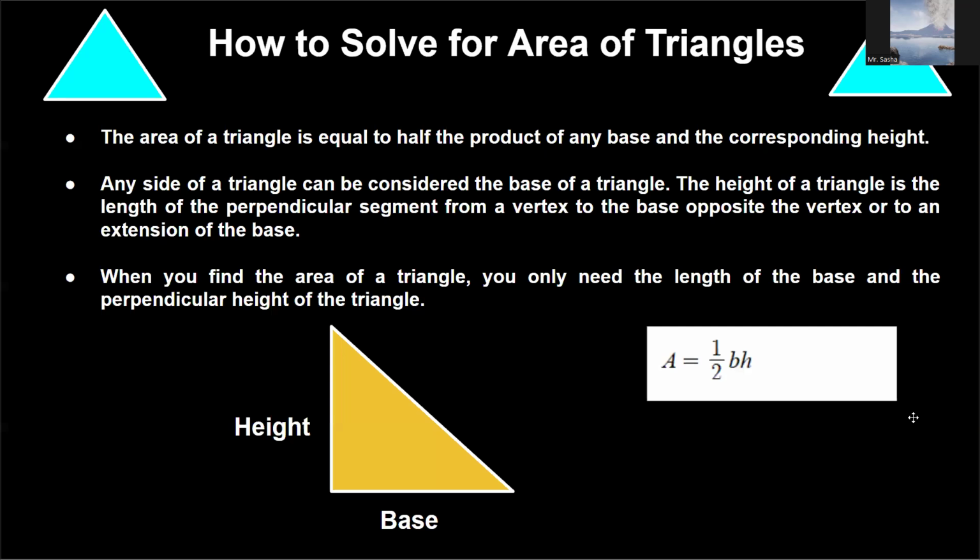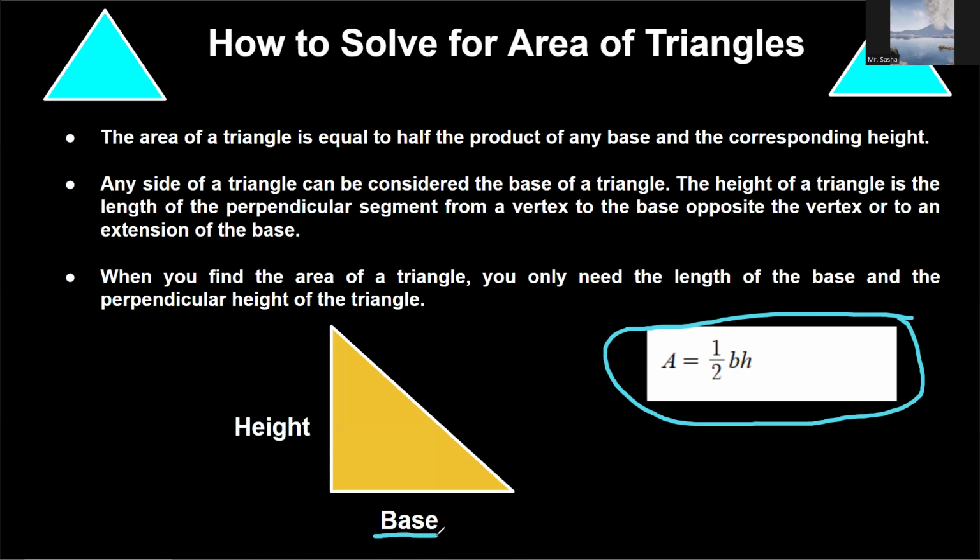So let's see this. The area of a triangle is equal to half the product of any base and the corresponding height. Yeah, so here you have a formula. You have the area equals to 1/2 times the base.